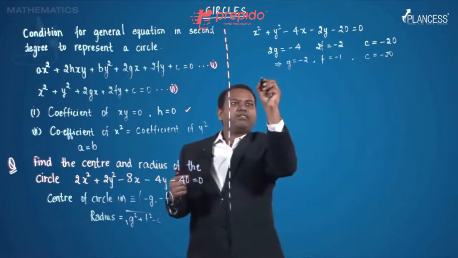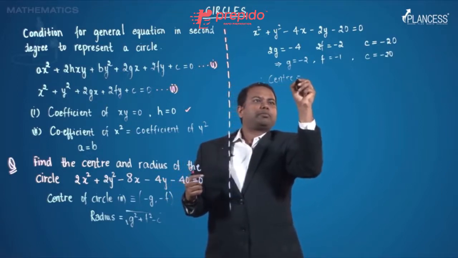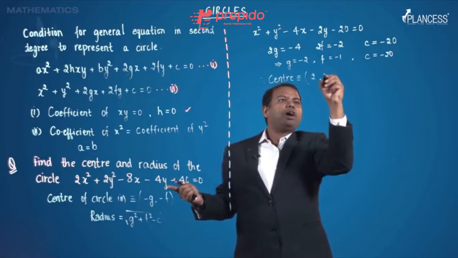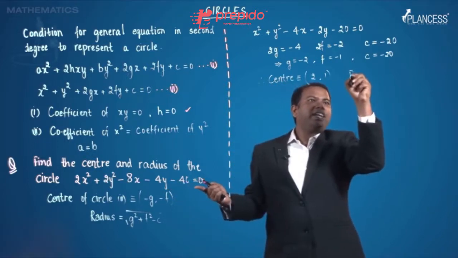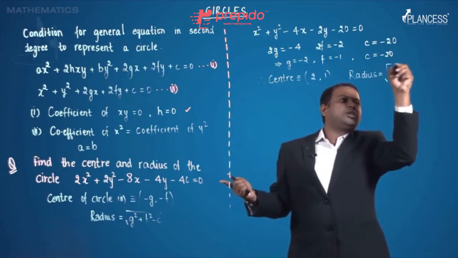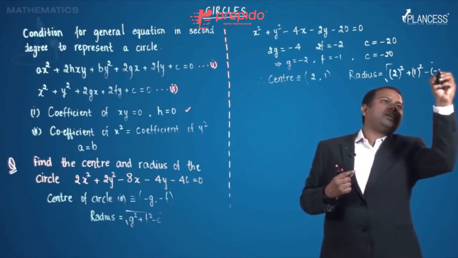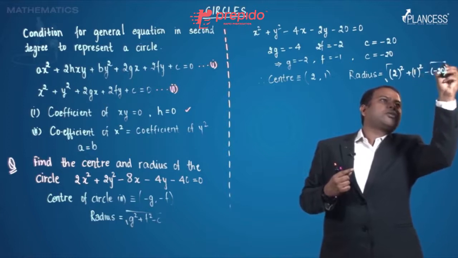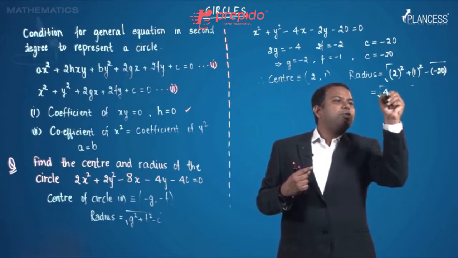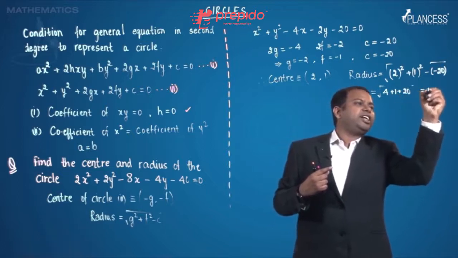So the center is given by minus g comma minus f, which makes it 2 comma 1, and the radius is under root 2 square plus 1 square minus of minus 20, and that is equal to under root 2 square is 4 plus 1 plus 20, which makes it 25, hence the radius is 5.